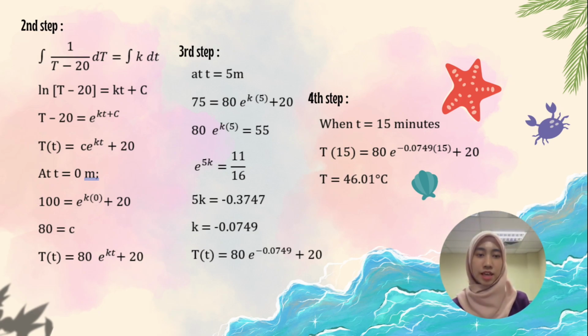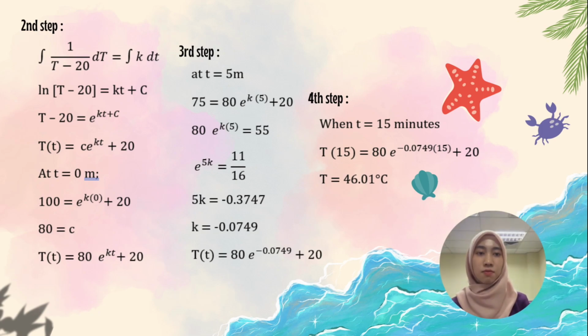Then to get the k value, at t equals 5 minutes, 75 equals 80e to the power of k(5) plus 20. Then we get 80e to the power of k(5) equals 55. And then e to the power of 5k equals 11/16.